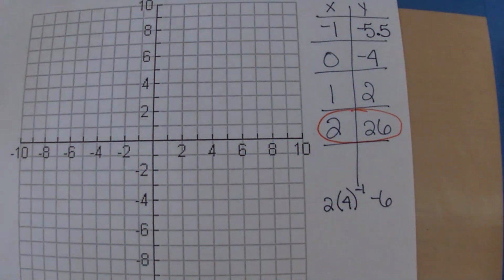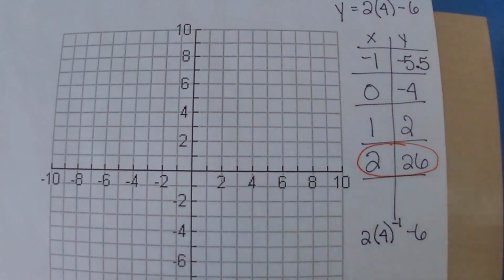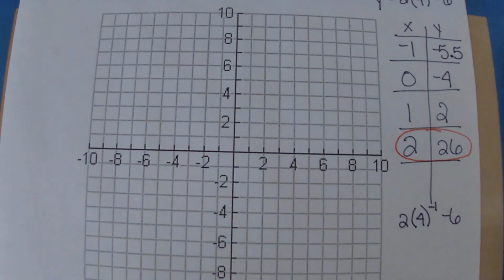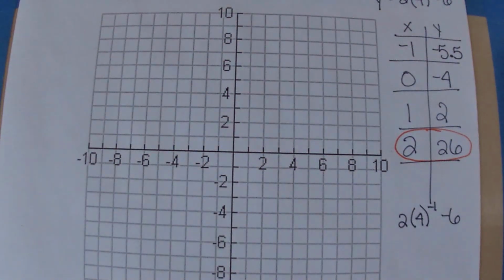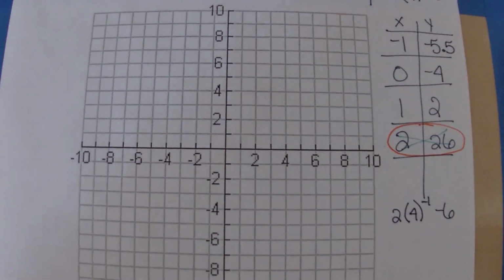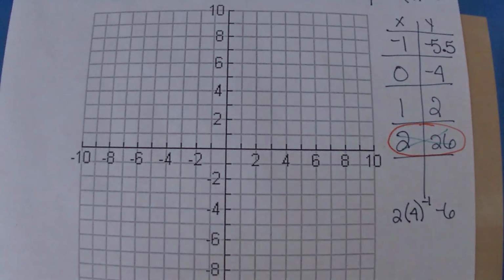Now, it's all relative, right? A really big number, 26, isn't huge, but for our 10 by 10 graph, that's pretty big. Okay, so again, that's why we are given these multiple numbers to input and output, because exponentials just have some other weird things that happen. So we're not going to be able to fit this one on our graph, but we should still have enough information to get our picture.